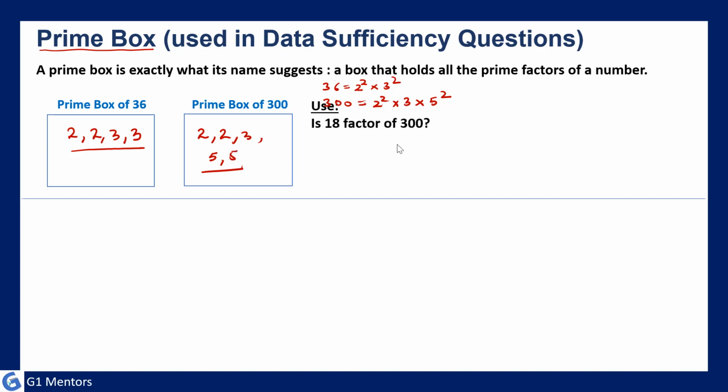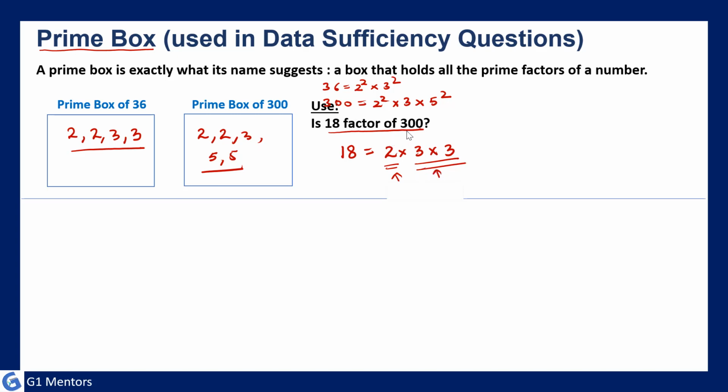An example of a question is: is 18 a factor of 300? How do we solve this problem? Let us split 18 first. 18 is equal to 2 into 3 into 3. So 18 requires one 2 and two 3s.